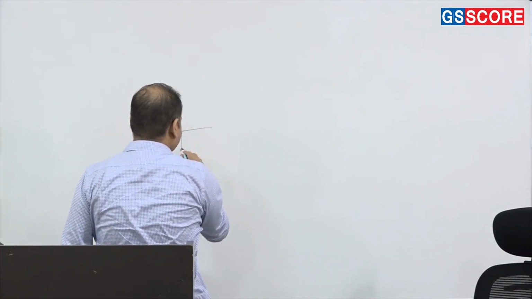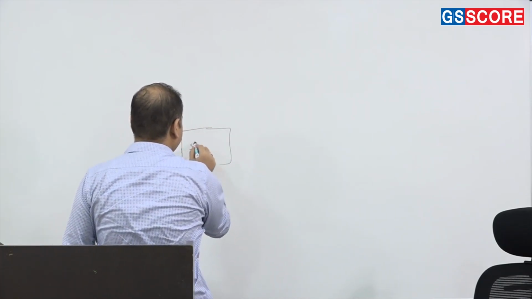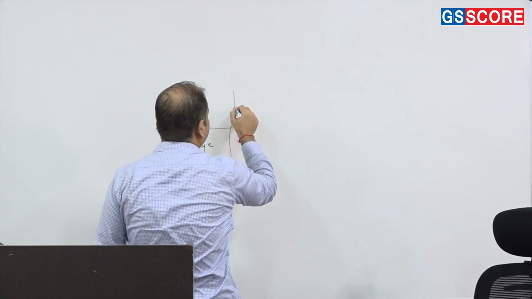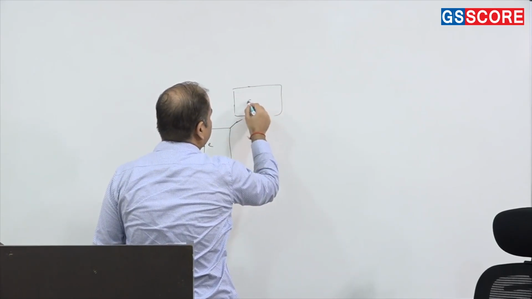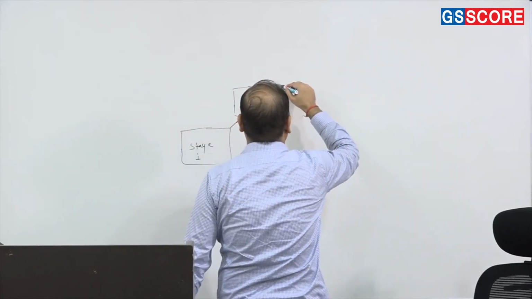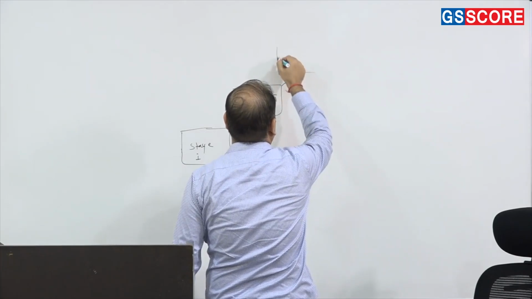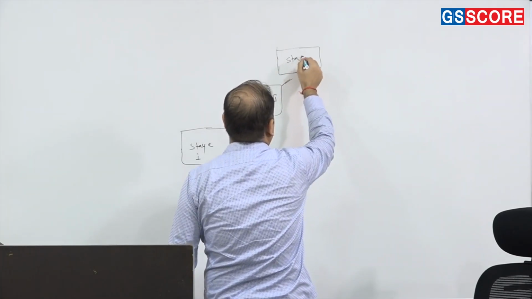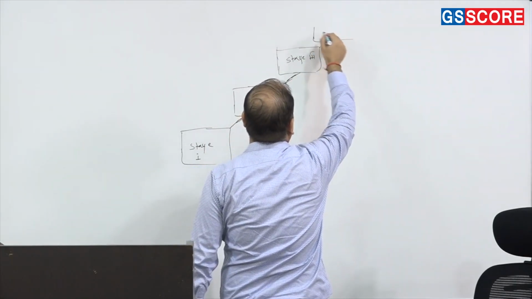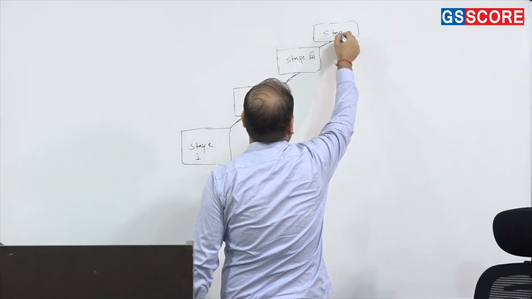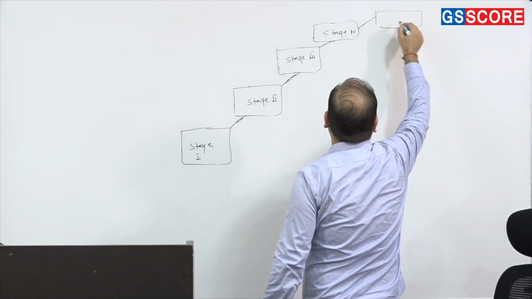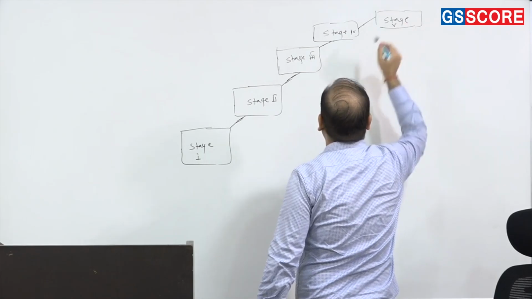He simply suggested these 5 stages as stage 1, stage 2, stage 3, stage 4 and stage 5.